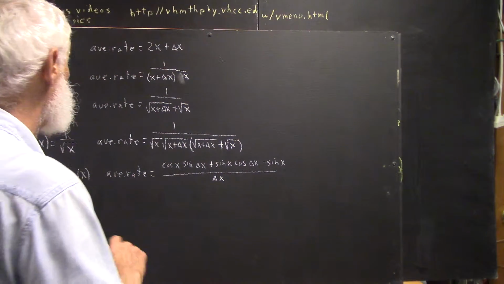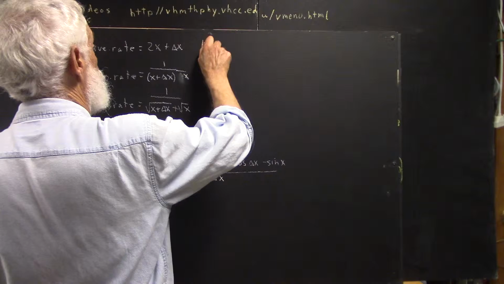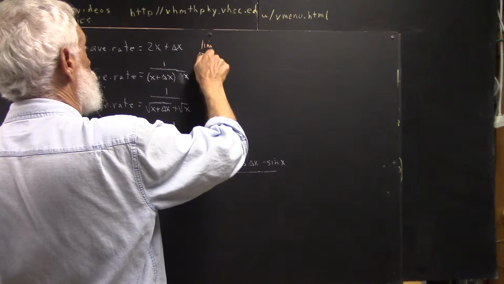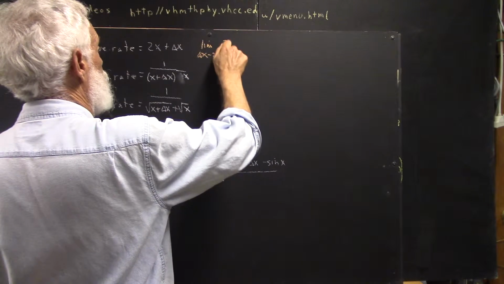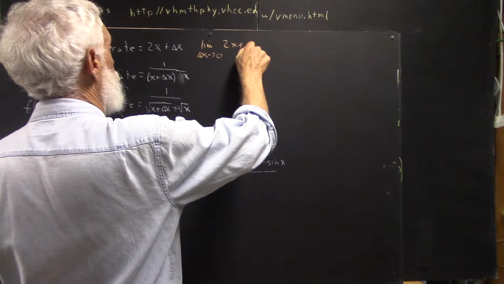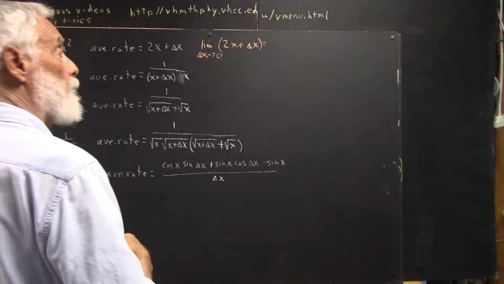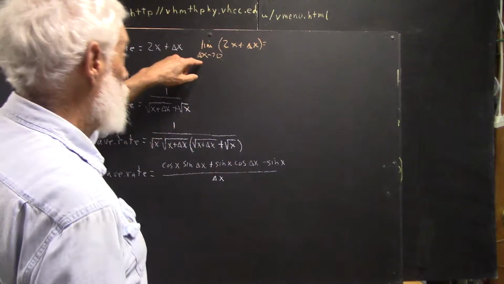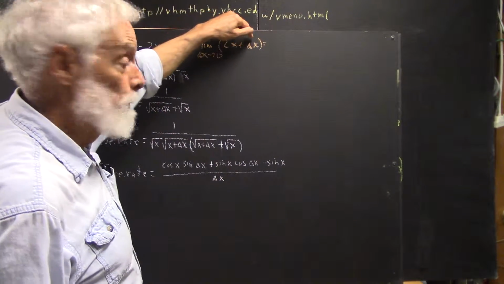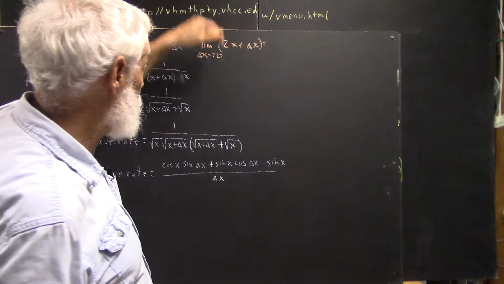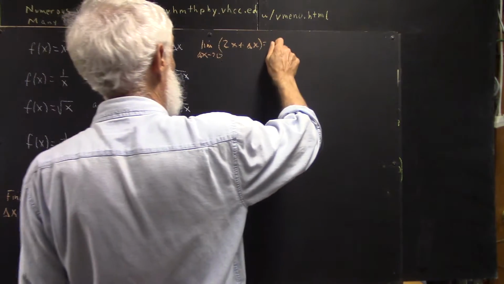Okay, well, the limit as delta x goes to 0 of 2x plus delta x equals what? Just intuitively, if delta x approaches 0, then 2x plus delta x is going to approach 2x. Now you can use the rules for limits.